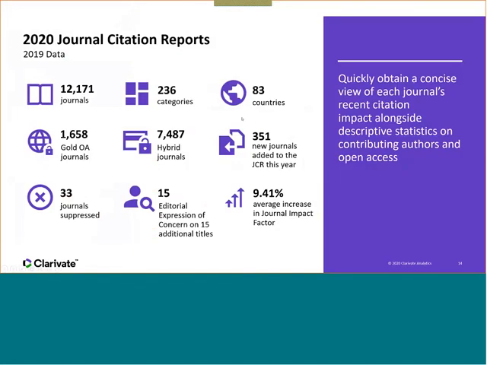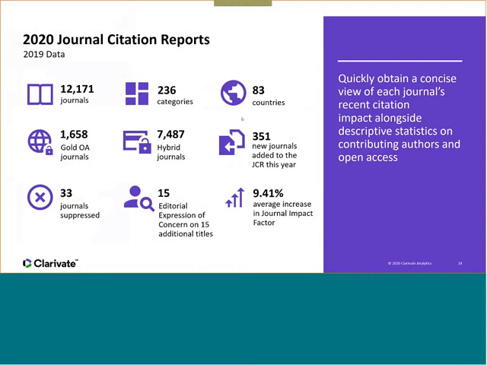In Journal Citation Reports, we cover about 12,000 plus journals. This number usually stays around there. It will not be higher, it will not be lower by much. The reason is because it is an exclusive list. In every subject category, the number of journals will more or less maintain the same.